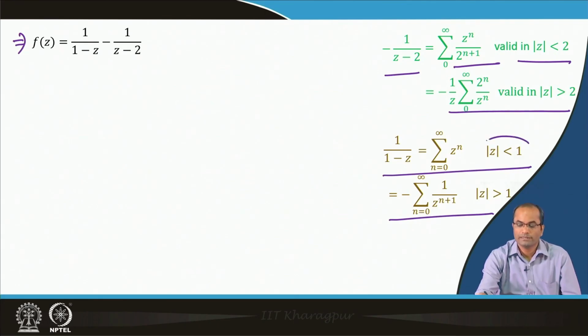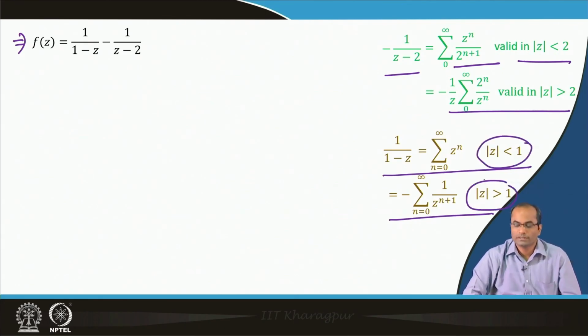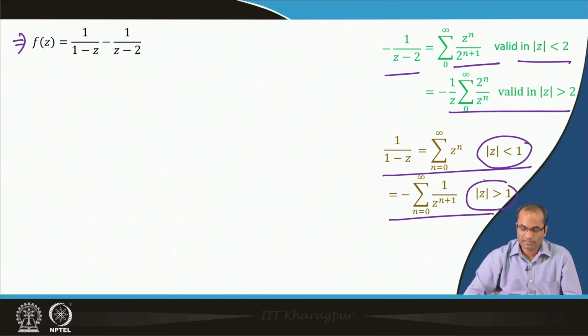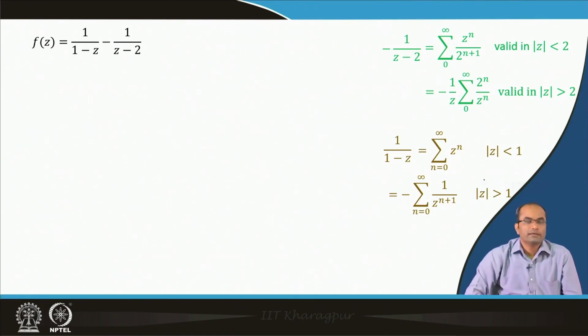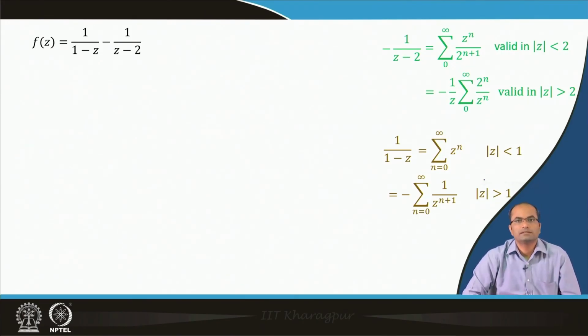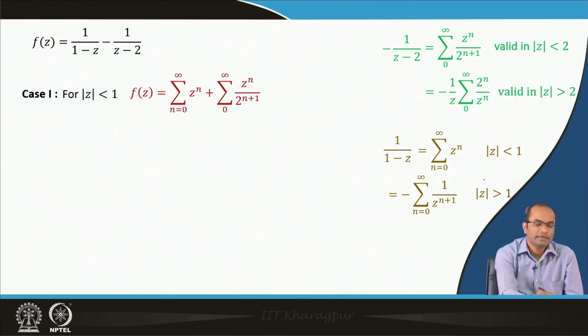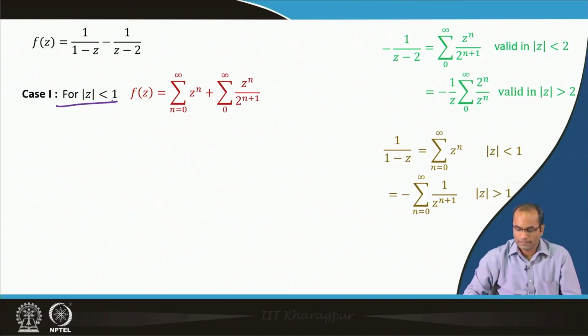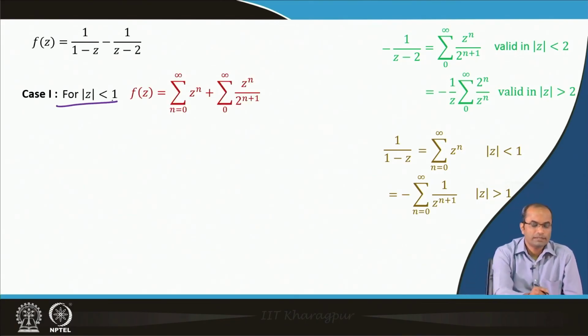So, one is valid in mod z less than 1, another one is valid for mod z greater than 1. So, all these possible expansions we have written here, and now we can expand this given function using these expansions of the simple functions. So, case 1 we will take when mod z is less than 1.